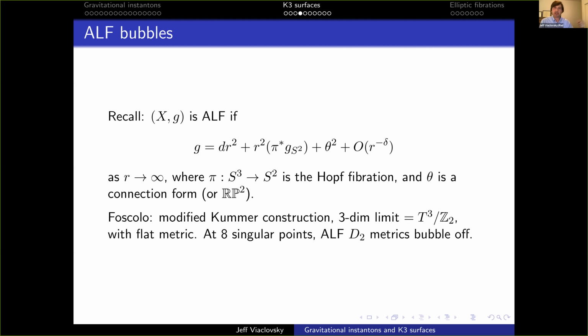Basically, let one of the S1s in the 4-torus collapse, and the three-dimensional limit is T3 mod Z2 with the flat metric. In the simplest case, there are 8 singular points, and you get ALF D2 metrics bubbling off. He can modify this construction to get more complicated ALF bubbles and also ALE bubbles, but I'm not going to go into all the possible cases here.